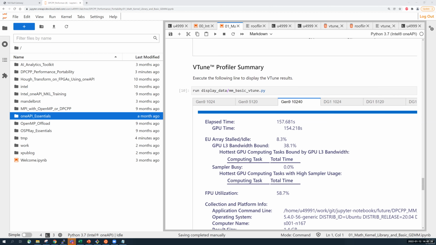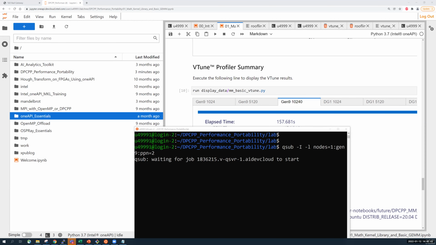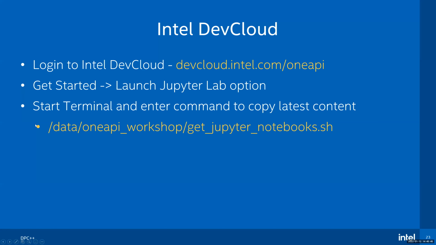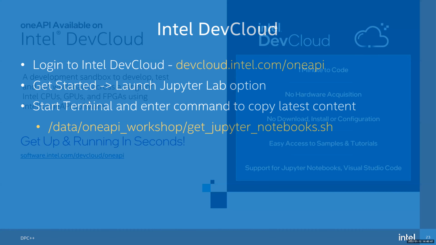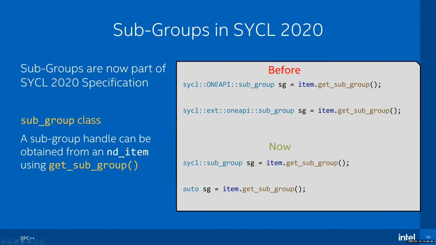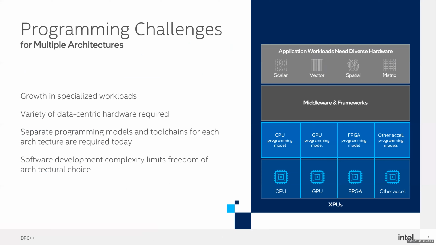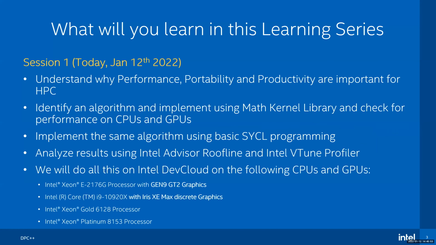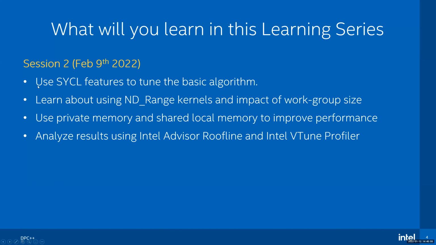So let me quickly put up the presentation screen here. This is what we did in this session. We have the basic algorithm set up, so in the next session we will start tuning that, and that's where it gets interesting.